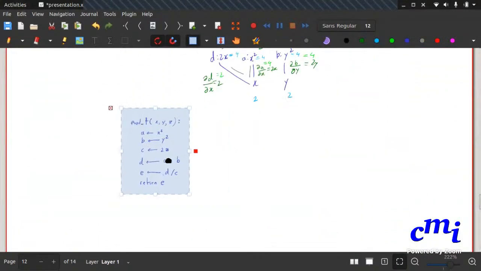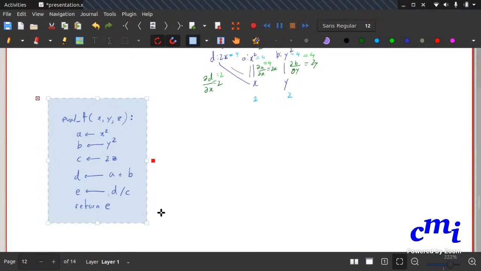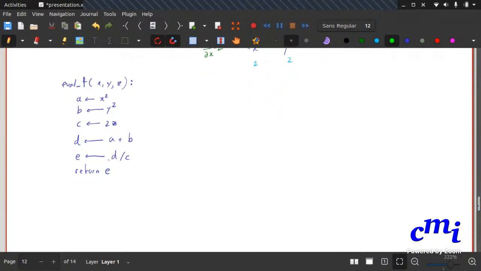Let's say that we have some Python code that looks like this, with x and y and 2 times x, just for consistency.